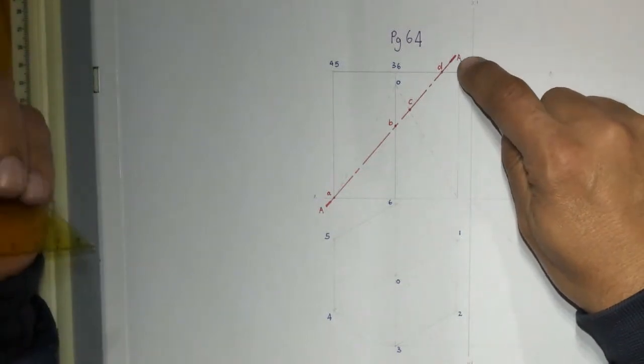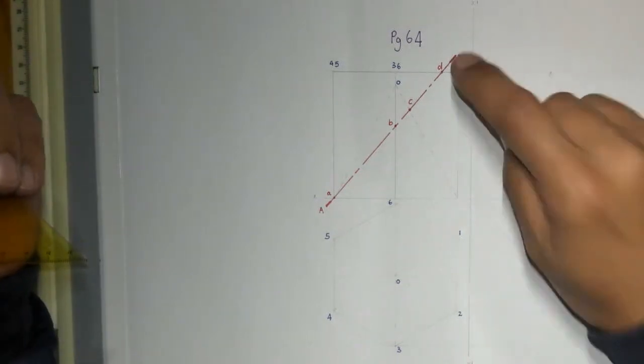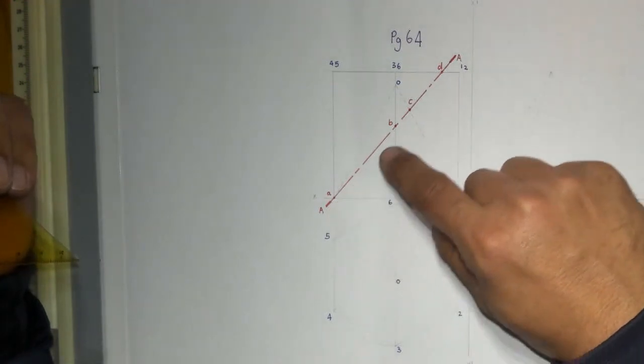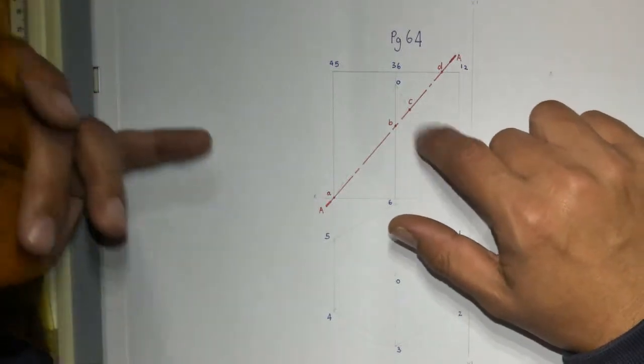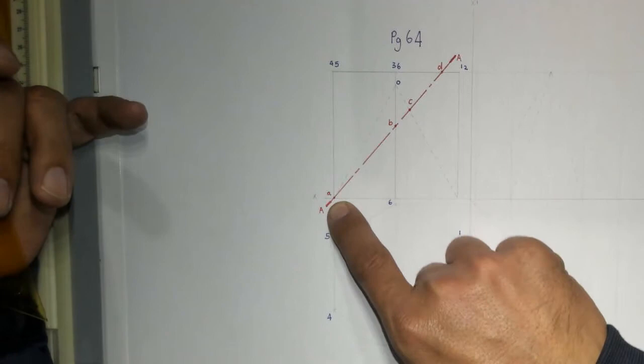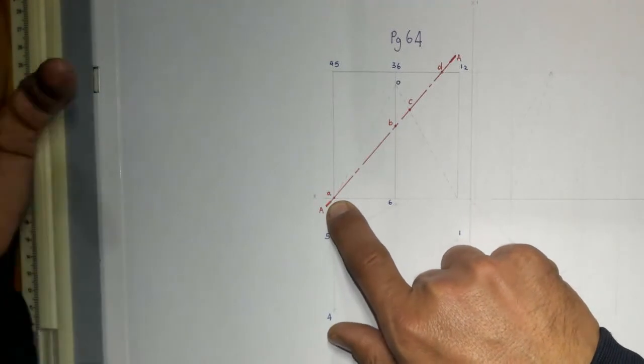Then the next thing is that we have the section line AA, and remember, wherever that section line passes through one of your other lines that has a number on it, you need to put a letter. So let's work from left to right, obviously.